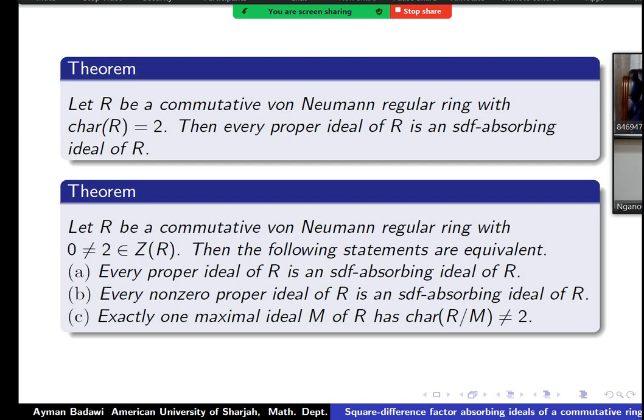Sorry, the opposite. What does it mean? That 2 has to be an element of every maximal ideal except one.